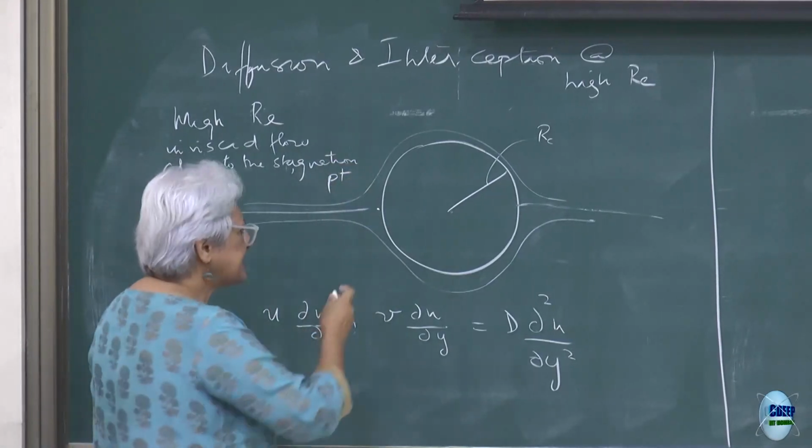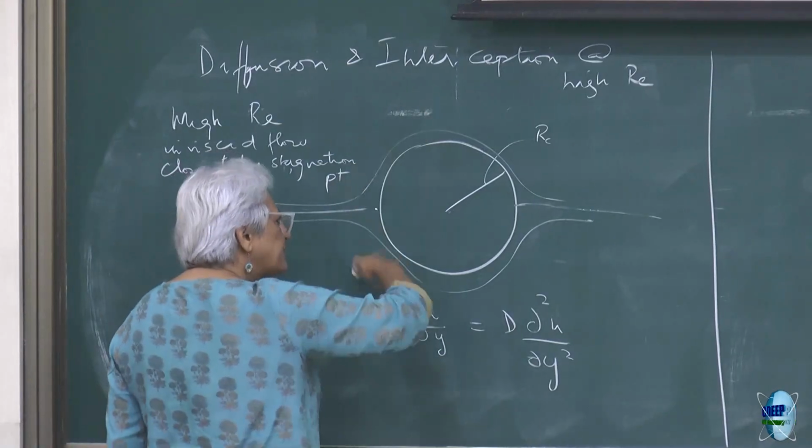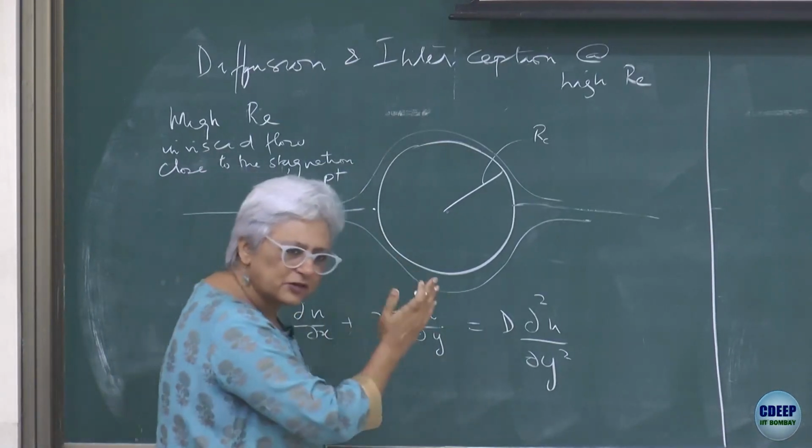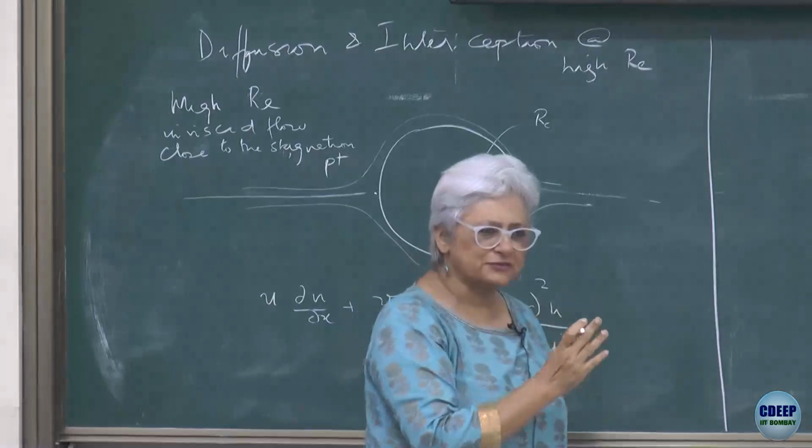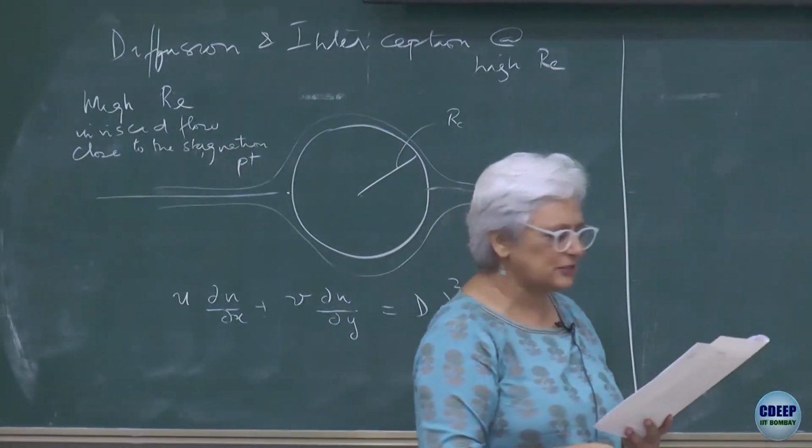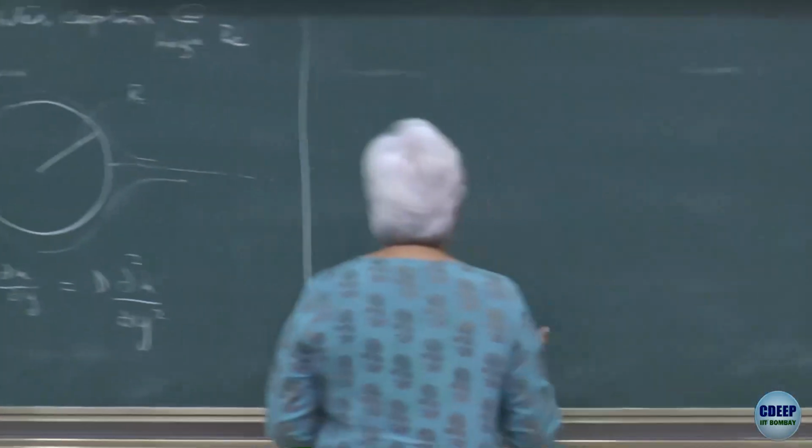And we're saying the same things here. We have a velocity boundary layer, we have a thin concentration boundary layer which forms within that velocity boundary layer, and so on and so forth.